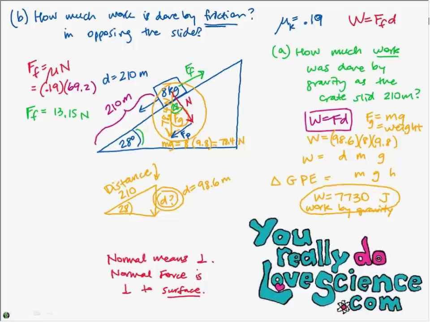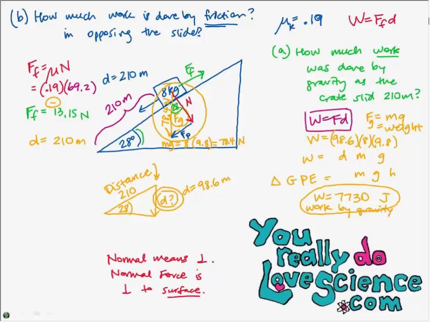Okay. Would you agree that the force of friction is in the opposite direction as the motion? Yes. Okay. So your teacher probably wants you to go like this. He probably wants you to put a negative on that force of friction to show that it's in the opposite direction as the distance, which is going to be in a positive direction. It doesn't matter which one you call positive and which one you call negative.